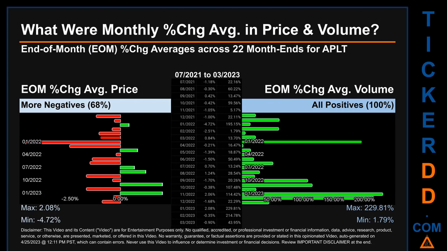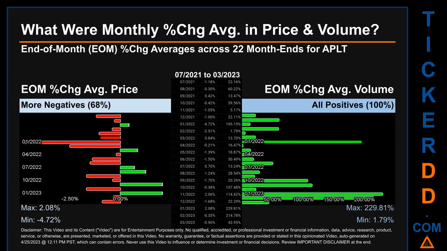From 07/2021 to 03/2023, out of 22 month ends, 15 had a negative percentage change in average price, meaning 68% of month ends saw a negative percentage change in average price. In terms of volume, 22 out of 22 month ends had a positive percentage change. That is 100% of month ends saw a positive percentage change in average volume.